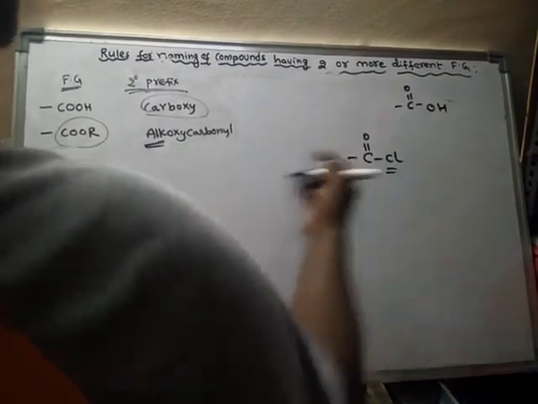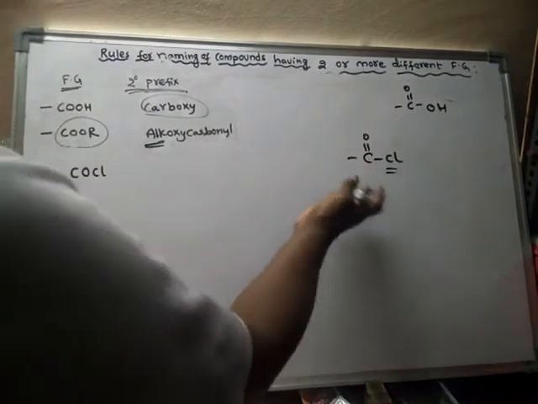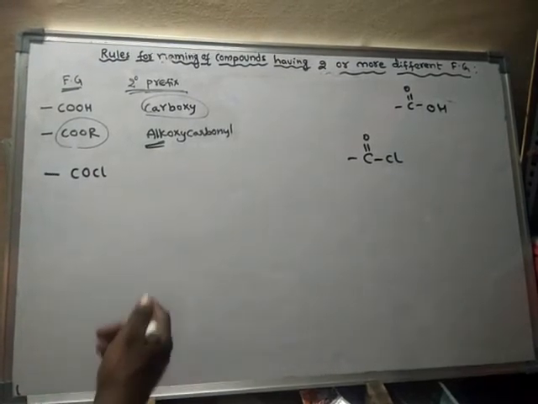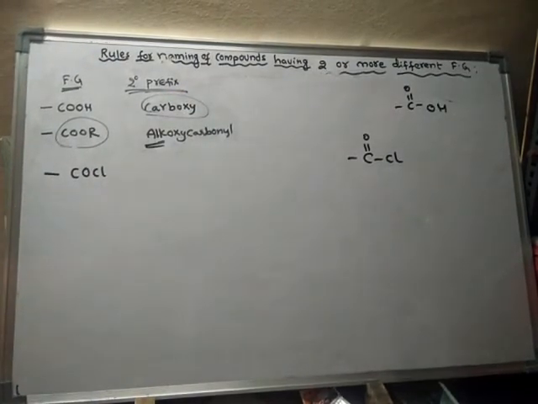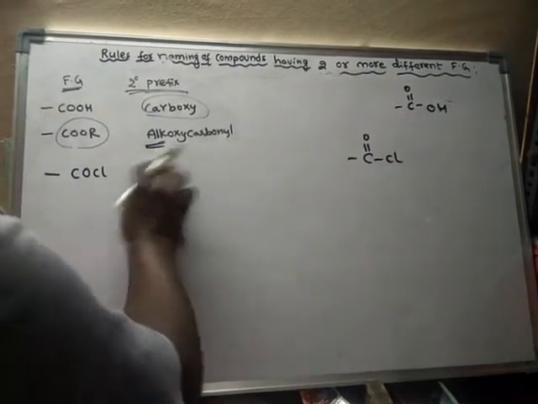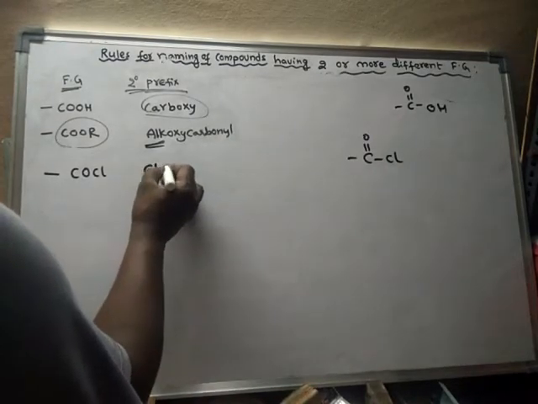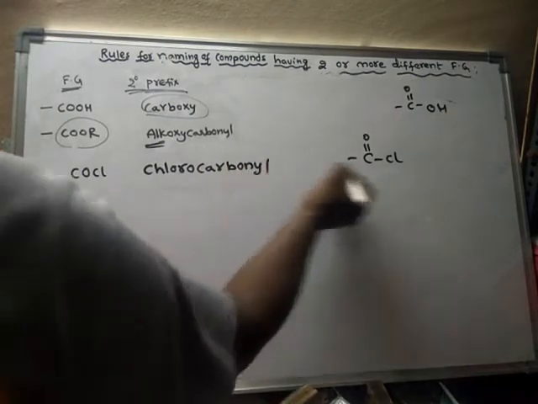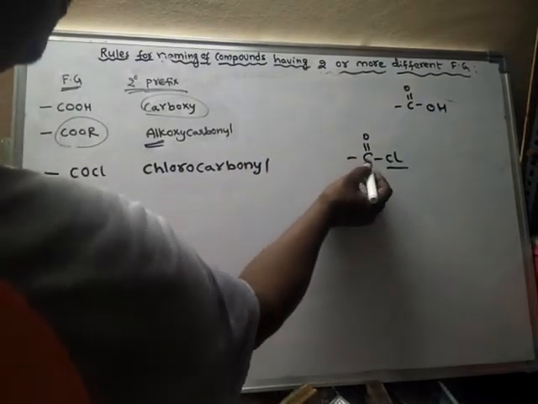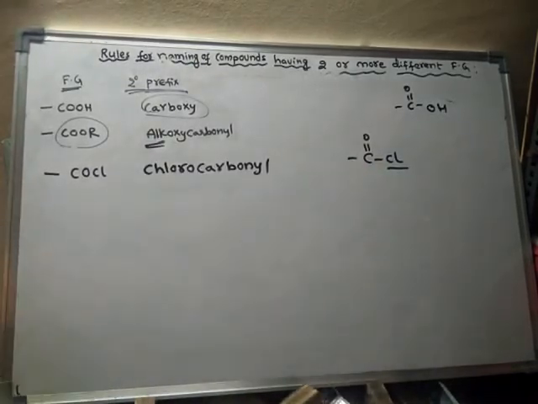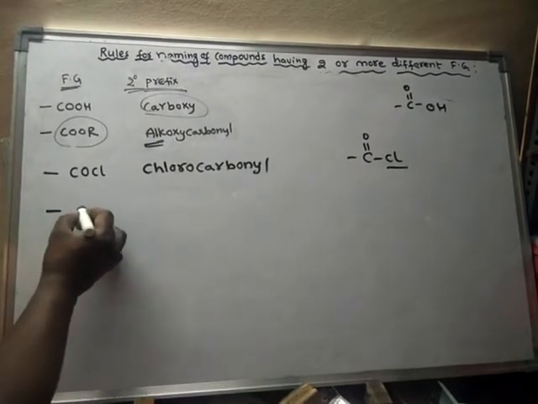It is called an acid halide, acid chloride. The secondary prefix name of this one is chlorocarbonyl. Already we have seen that if C double bond O comes, we can use the name carbonyl. So chlorocarbonyl.